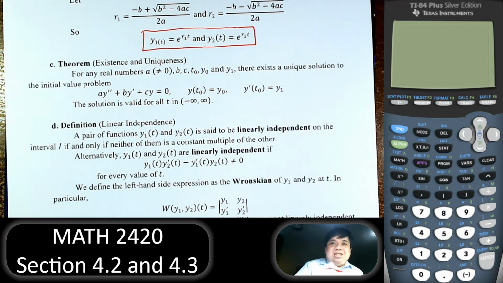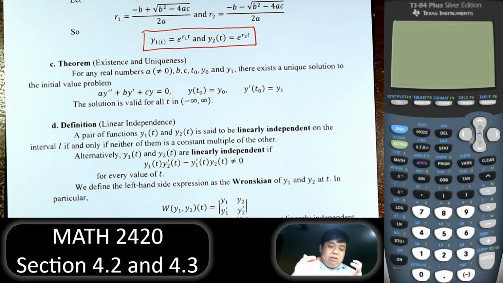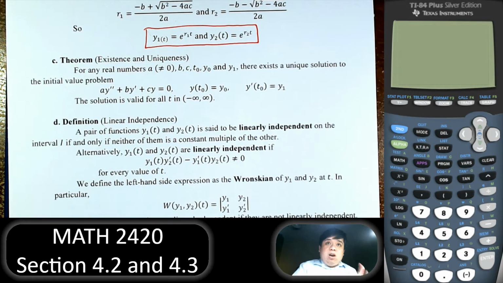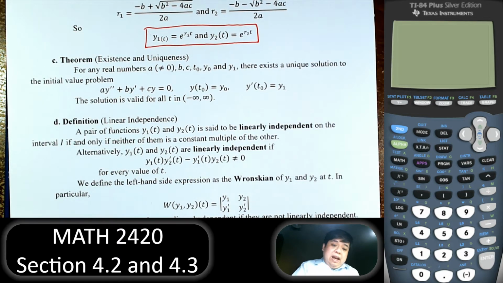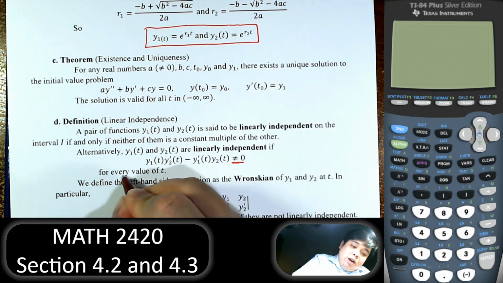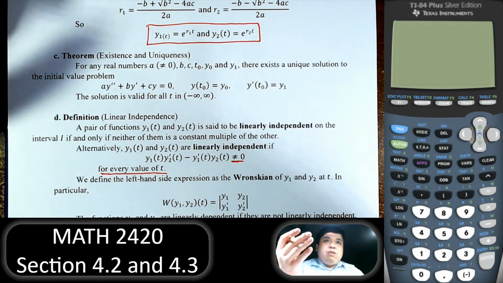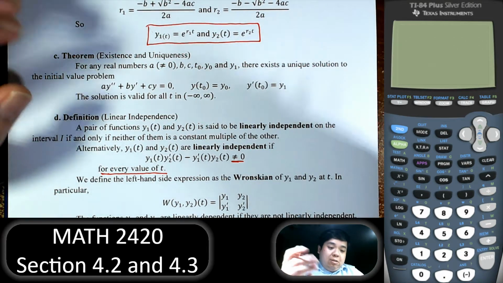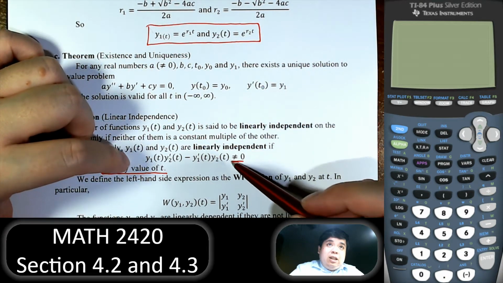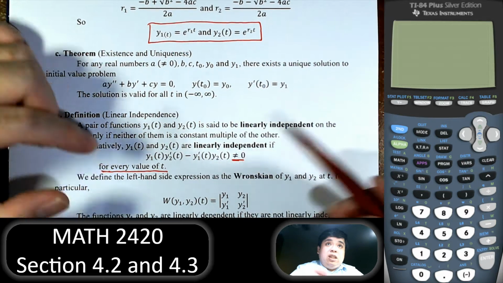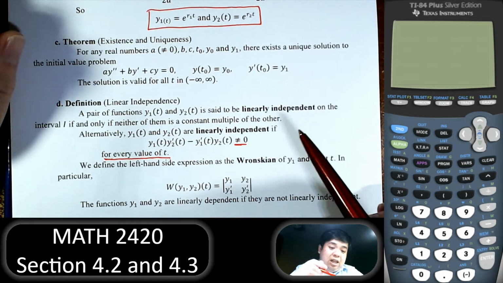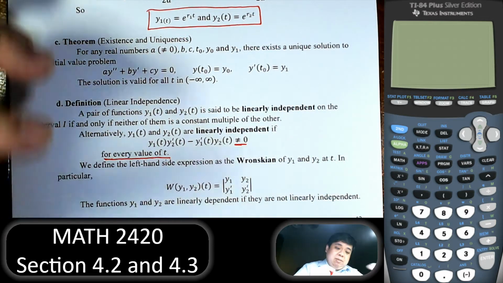Once again, it is in the negative term when it says not equal to, but at least this time we can say quantitatively whether they are linearly independent or not, just based on this. And this has to be not equal to 0 for every value of t. If it is equal to 0 for some values of t, then it's not going to be linearly independent for every value of t.